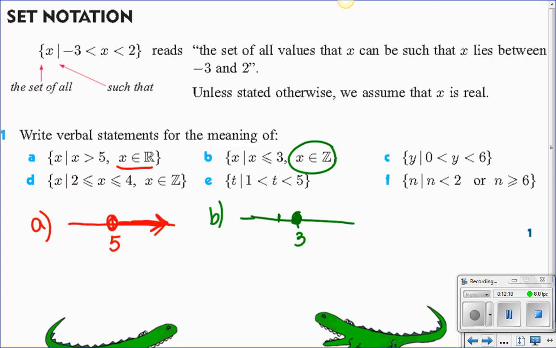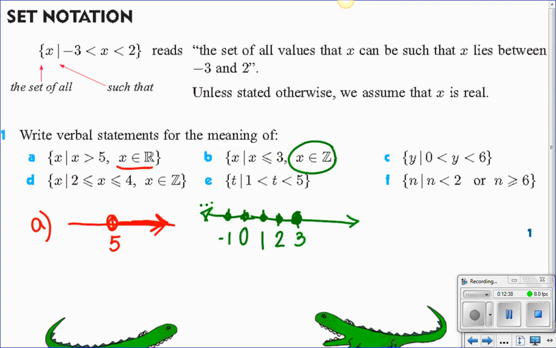So we're only going to highlight the integers. 0, -1, etc. Okay, so we're going to put filled in dots on every single integer. And then we're going to do an ellipsis just to show that it's going to go on infinitely. Okay, we can put an arrow on our number line.